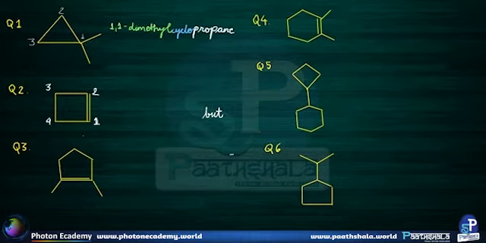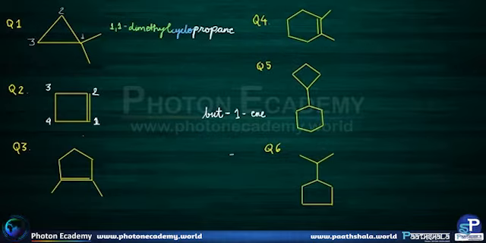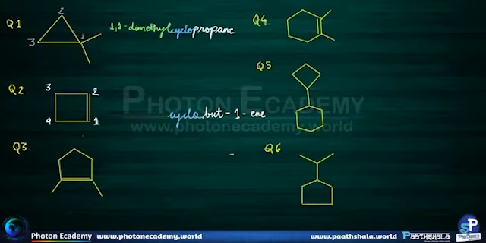So, but-1-ene. Now, there are no prefixes required here because there is no substituent. And as we have learned, before every cyclic compound, we put cyclo before the word root. So, cyclobut-1-ene. This is the correct IUPAC name for this compound.